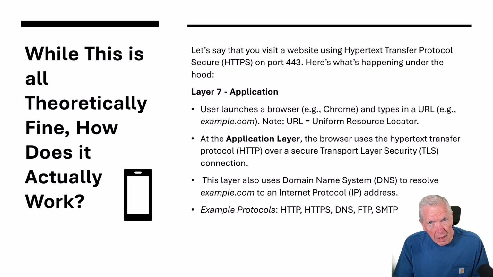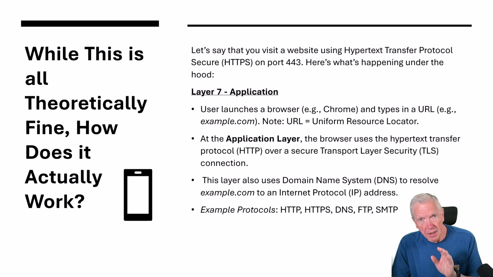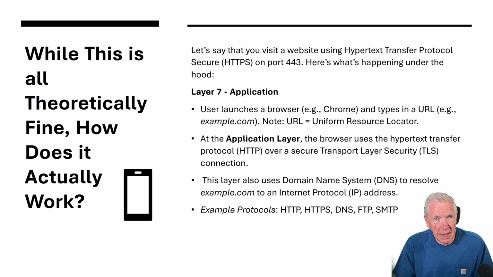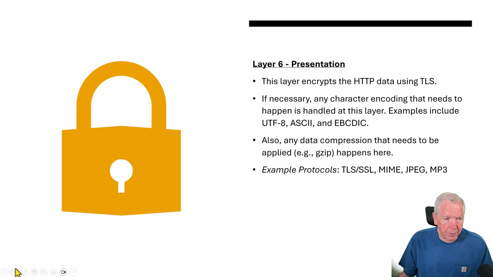The layer also uses the Domain Name System, which is the phone book of the internet, to find example.com and then turn it into an actual IP address by which we can go and connect to that computer. Example protocols in the application layer are HTTP, HTTPS, DNS, File Transfer Protocol, and Simple Mail Transfer Protocol.